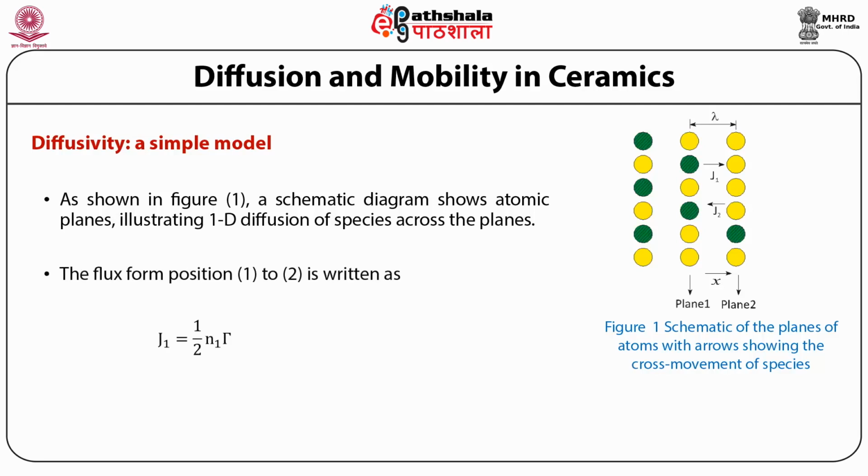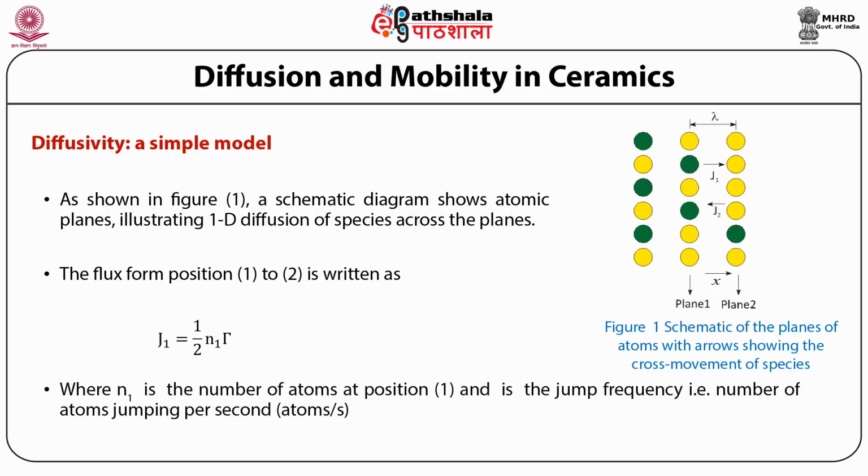The flux from position 1 to 2 is written as J1 is equal to 1 by 2 N1 into lambda, where N1 is the number of atoms at position 1 and lambda is the jump frequency or the number of atoms jumping per second.